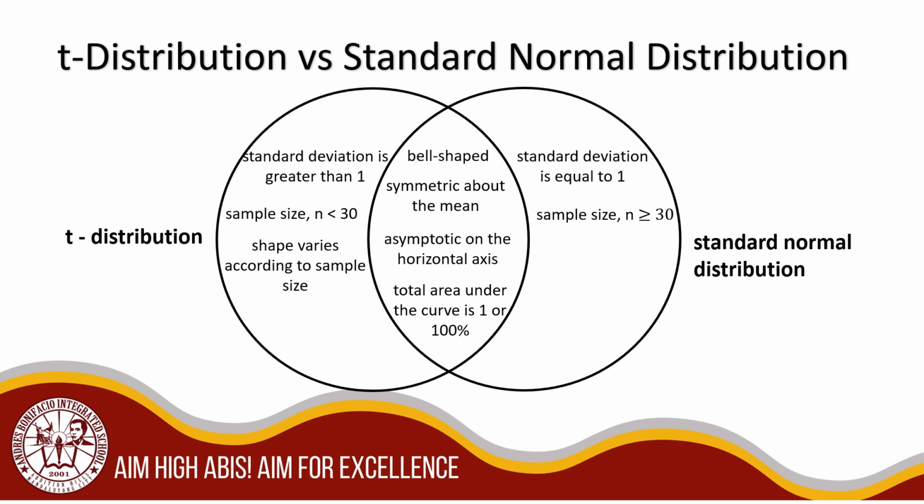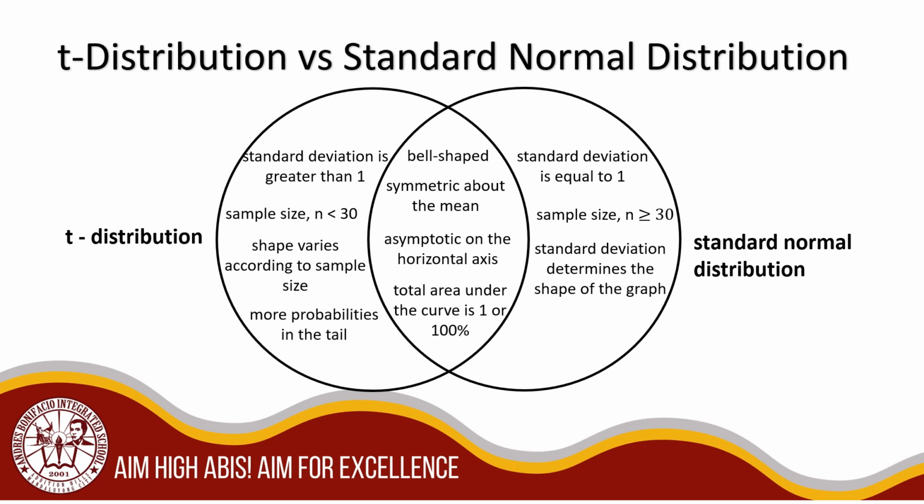Next, the shape varies according to sample size. So ang shape nung curve ng t-distribution ay naaapektuhan ng sample size. Pero sa standard normal distribution, the shape of the curve is determined by the standard deviation.